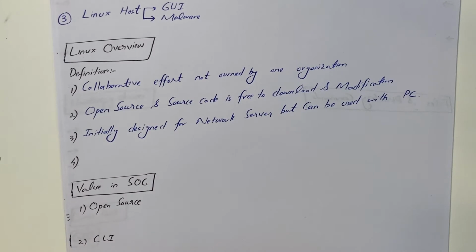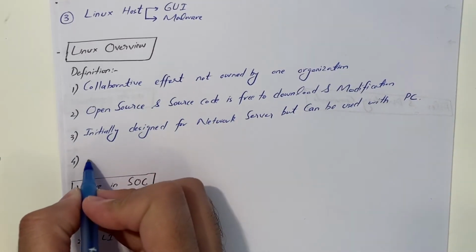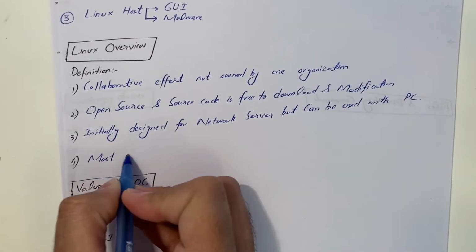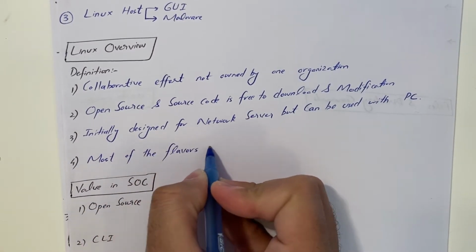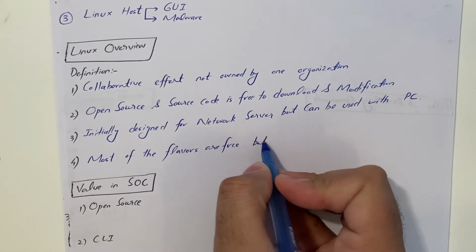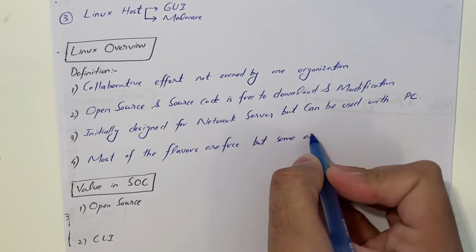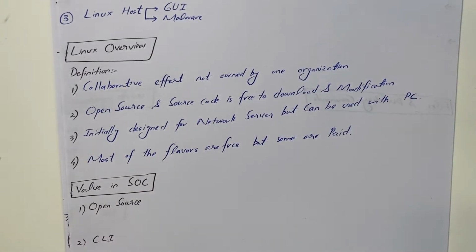Most of the Linux flavors are absolutely free, besides some flavors like Red Hat Linux and some of the Debian flavors, which are not free, and you have to pay a little fee to use them. So most Linux flavors are free, but some are paid operating systems, like Red Hat, one of the examples.